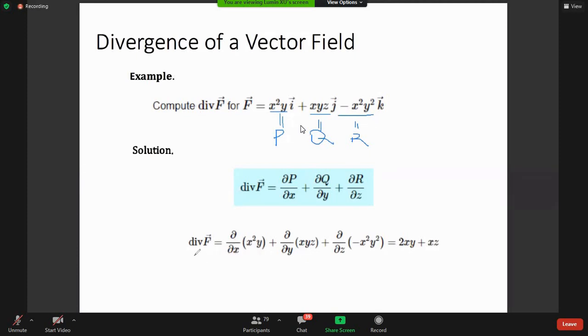Then we calculate the partial P, partial X, it should be 2 times xy, and partial Q, partial y, it should be xz, and partial R, partial z, it should be 0, right? Because there is no z in this part. X, y are considered as a constant. Good.